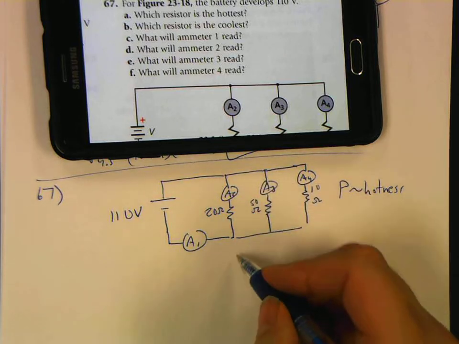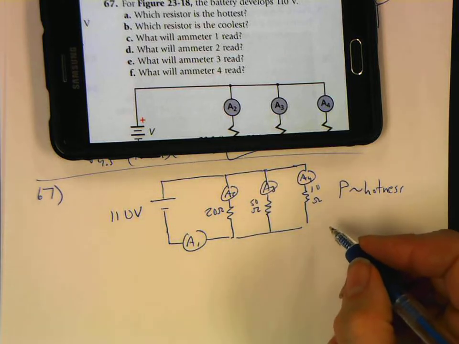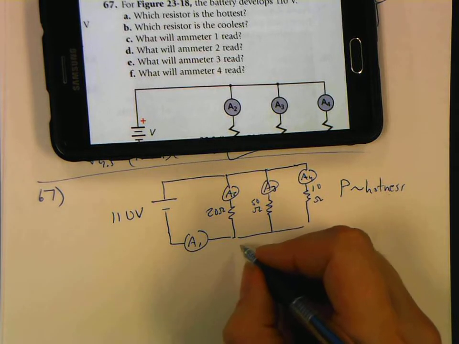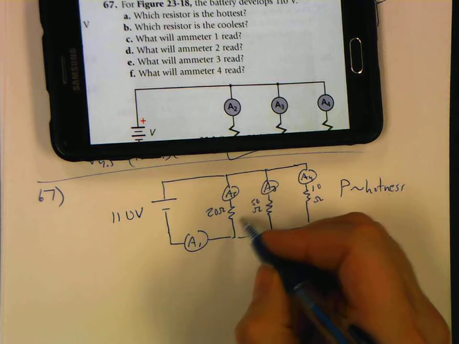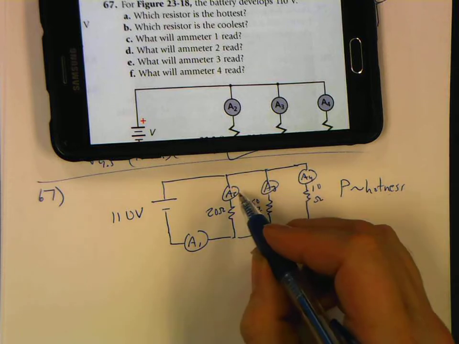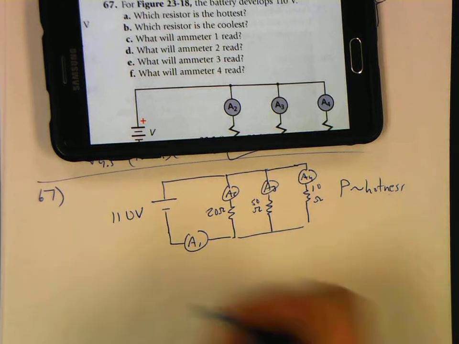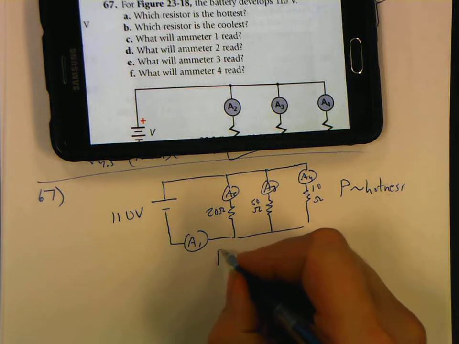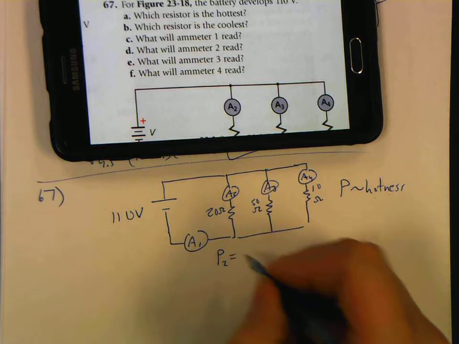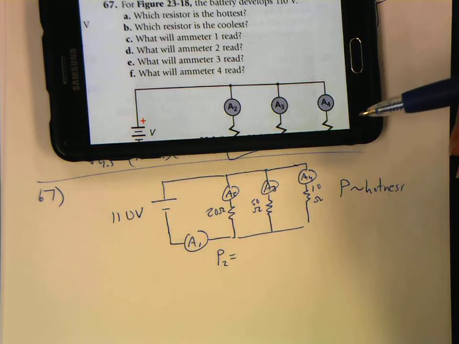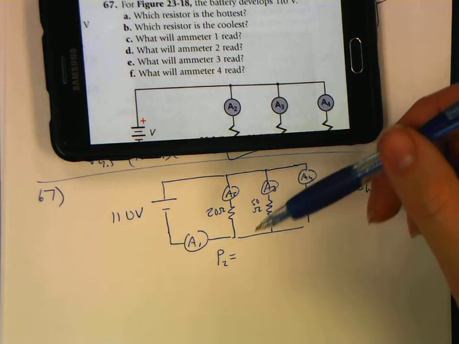All right, so at the bottom of each one, I'm going to figure out what their powers are. I'm going to call this branch 2, this branch 3, this branch 4, because those are the numbers on the ammeters. So the power consumed through branch 2. Now, remember we have several formulas.